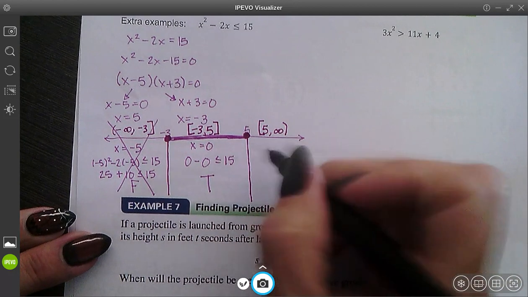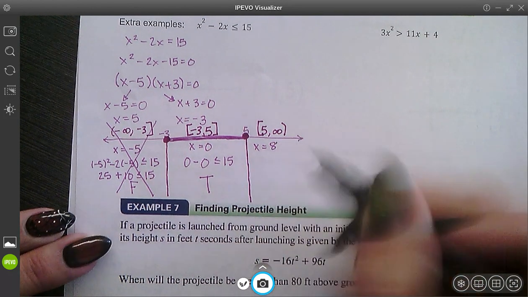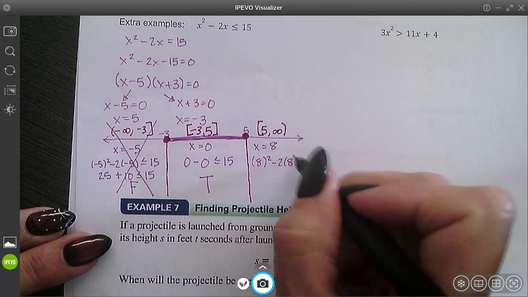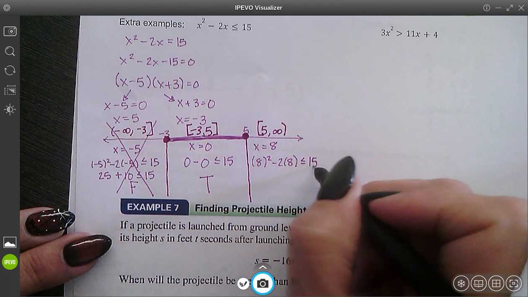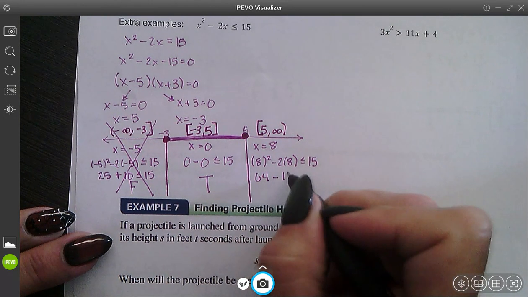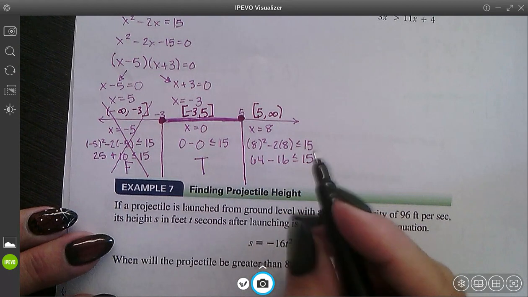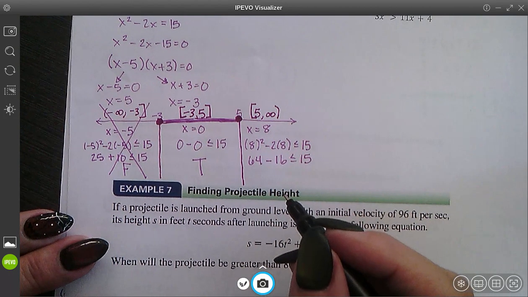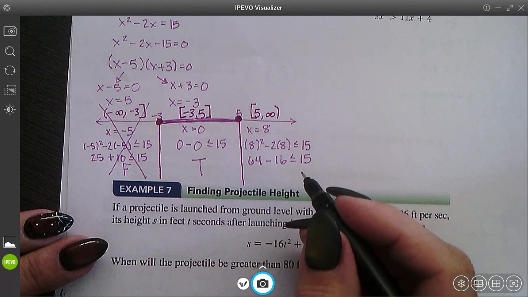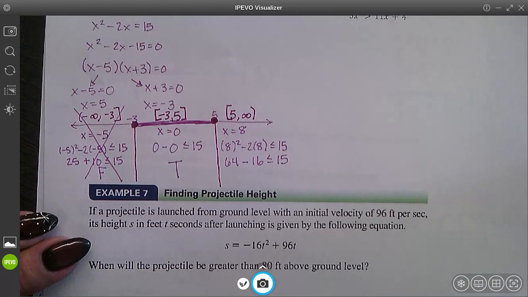And then 5 to infinity, maybe x is 8. So I'm going to do 8 squared minus 2 times 8. Is that less than or equal to 15? 8 squared is 64, minus 16. Is that smaller than 15? 64 minus 16 is 48.